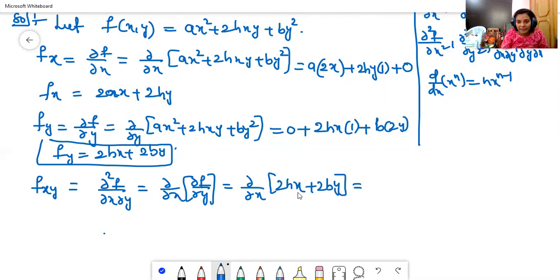Here x is the differentiable variable and y is treated as a constant. So the second term is 0, and it is 2h. From this we can write f_xy equals 2h.